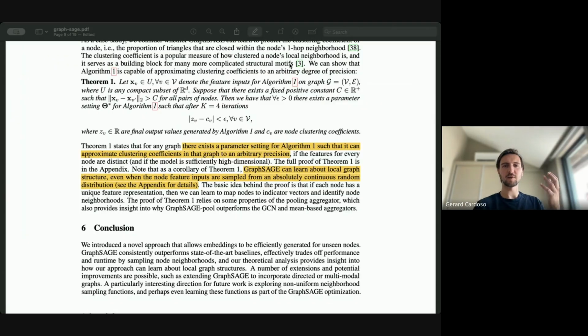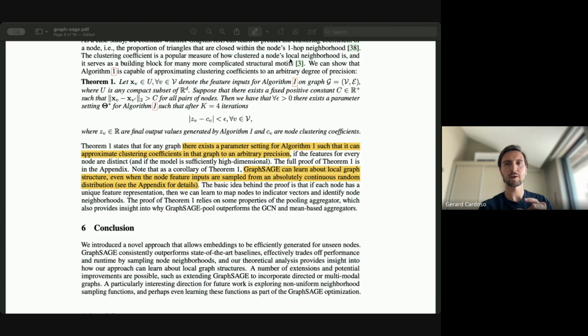I guess maybe just as a quick recap, for me, the big takeaway of the paper is that it takes us from learning graph embeddings directly to learning functions that can generalize to new nodes, new graphs of a similar kind of entities.